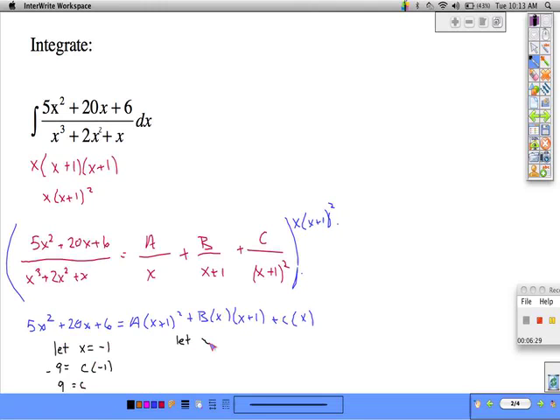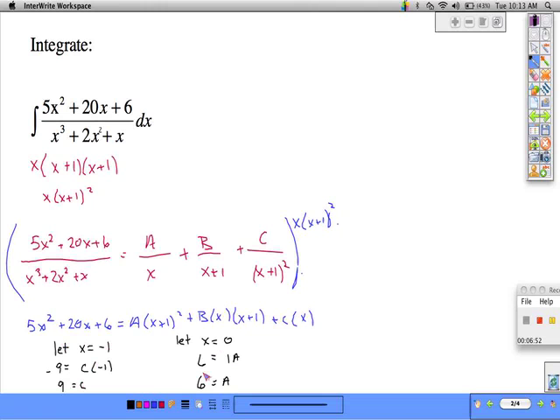And then I can let x equal 0. The left-hand side becomes 6 equals, the b and the c terms go away. I'm left with 6 equals 1a. So a is 6. So I have a, I have c, I still need b.